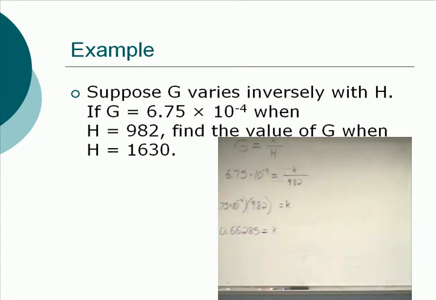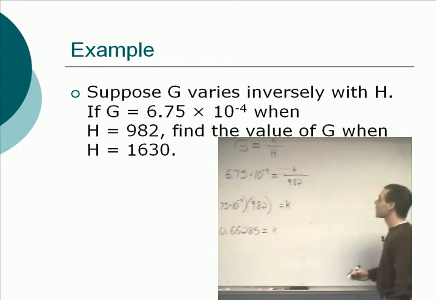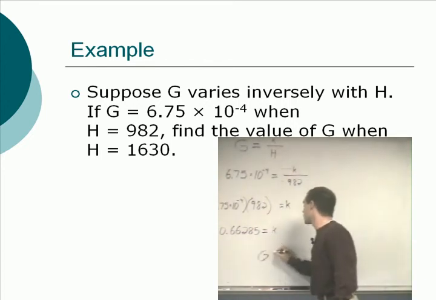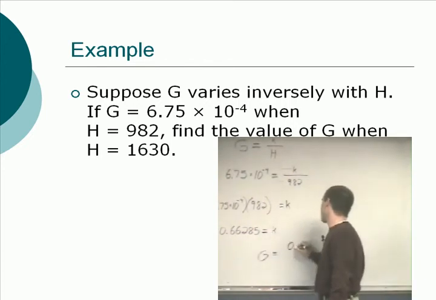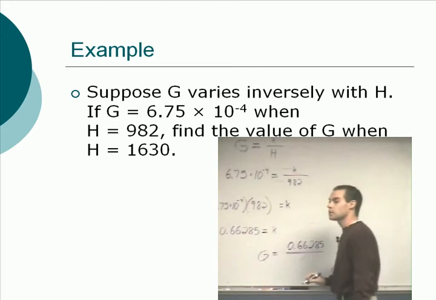All right, if that's our K value, then we can solve. Find the value of G when H equals 1630. So G is K, 0.66285, over H, when H is equal to 1,630.